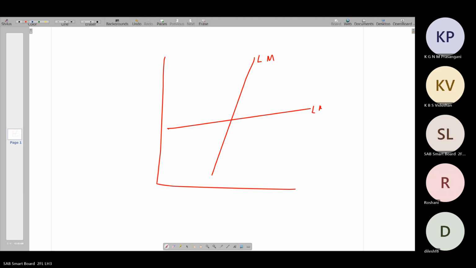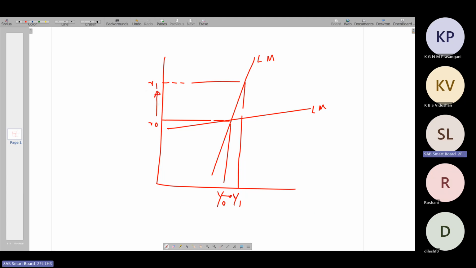Steeper means that if you take this intersection point, the interest rate change is very high but the income change is small, Y0 to Y1. We have the high C1, so we get a steeper LM curve. A smaller rise in income will be offset by a higher adjustment in the interest rate. We get a steeper LM curve. So this is C1 high.